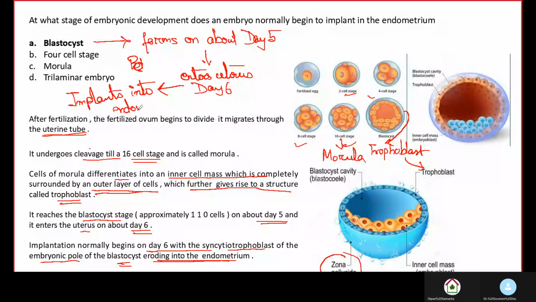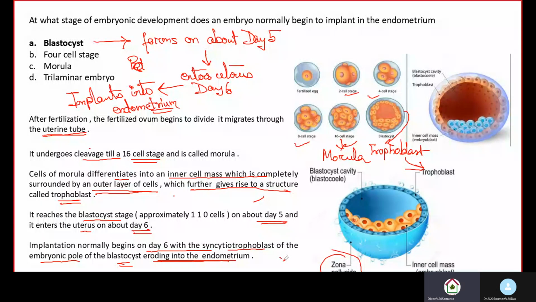Endometrium, not another layer. They can ask this by giving other options to confuse, like myometrium, but endometrium will be the answer. So each and every fact can be a question.